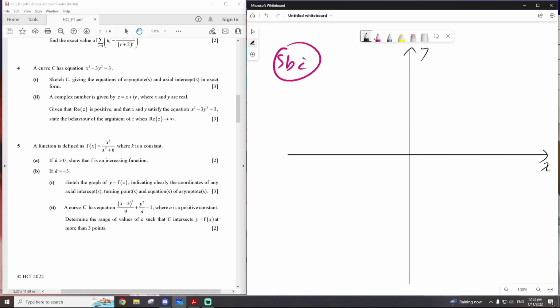So what is the equation? Take note that x cubed over x squared minus 3, I can divide with long division so that I get x plus 3x over x squared minus 3.